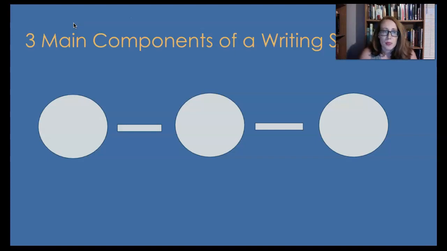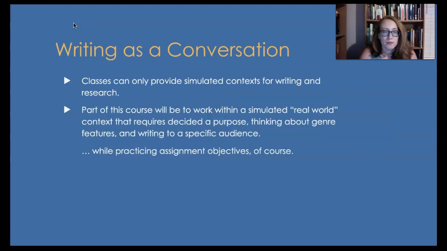But there are 3 main things that you have to think about that are going to guide your decision making and how you're going to work through that writing situation and use our first key writing skill, your rhetorical knowledge.